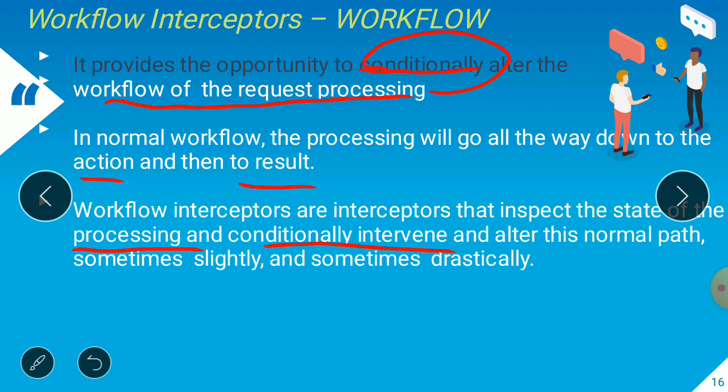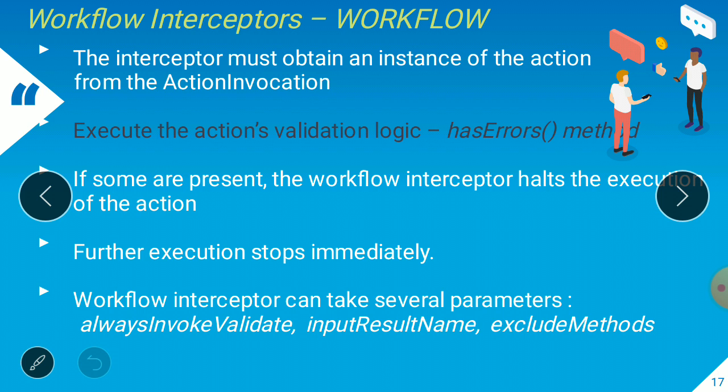If some condition is true, it alters the normal path, sometimes slightly or sometimes drastically. If we mention a condition, and that condition is met, it is going to alter the normal path. So the first interceptor we are going to see in this category is workflow.